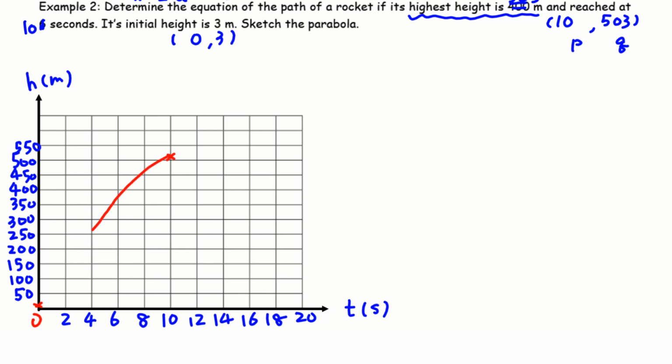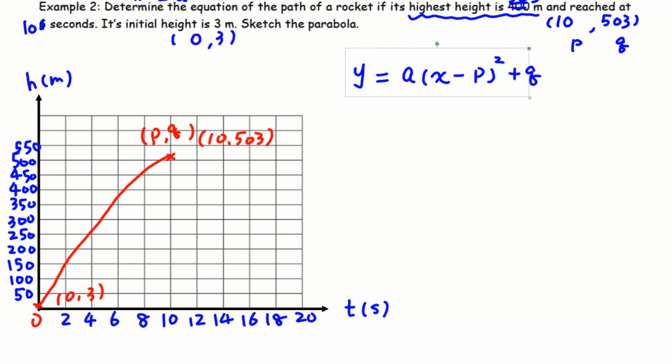So we have 2 points, and how are we going to determine this equation? So this is P, Q, which is 10, 503. As long as the vertex is given, we could use the vertex form: y equals a bracket x minus p bracket squared plus q.